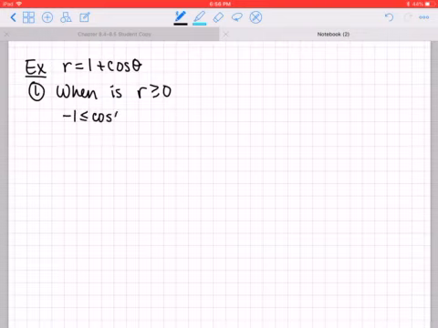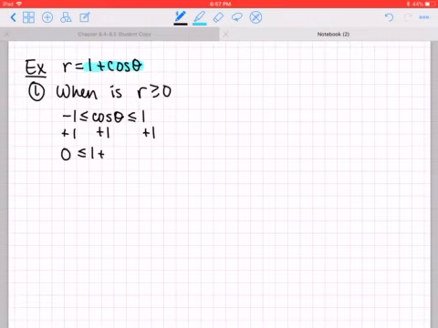It's between -1 and 1. That's almost what we have here, except we need to add 1 on the inside. So we're going to add 1 to each portion of this inequality. If we add 1, we get 0 there. We get 1 plus cosine theta, which is exactly what r is. And on the right, we get 2. So we get r is between 0 and 2.